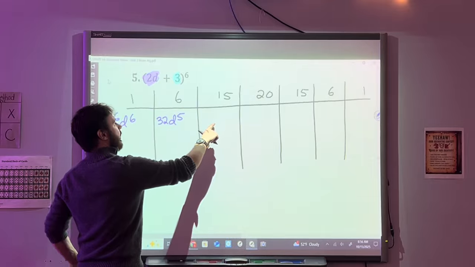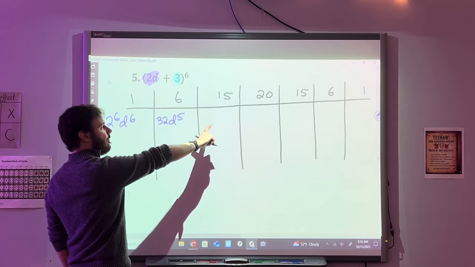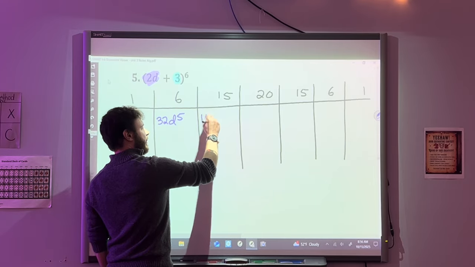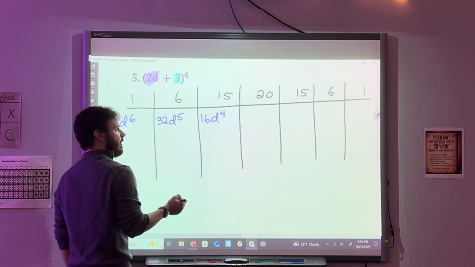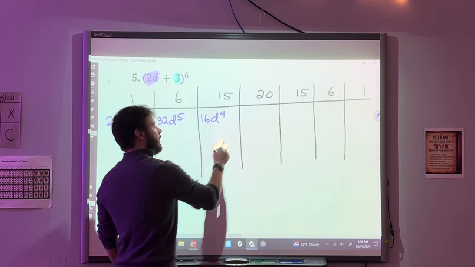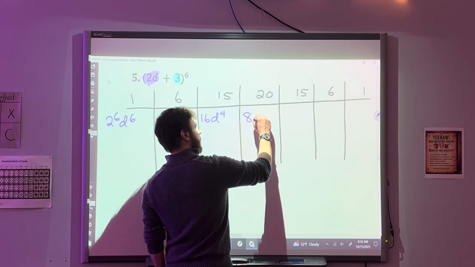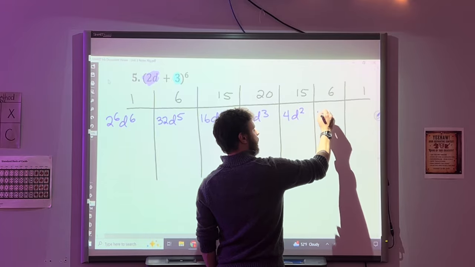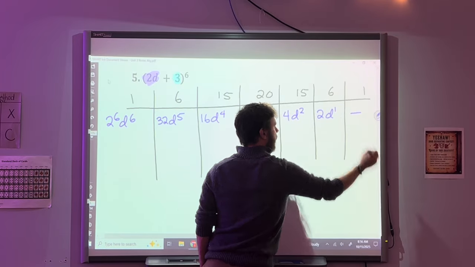All right, now this one's going to be 2 to the 4th in this column. So that's going to be 16 with d to the 4th. I'm just figuring out the real number right away. Then I'm going to have 8, d3, 4, d2, 2, d1, and I run out.